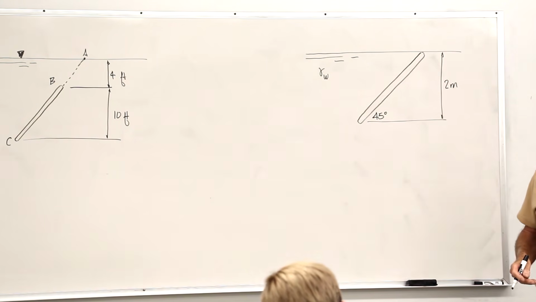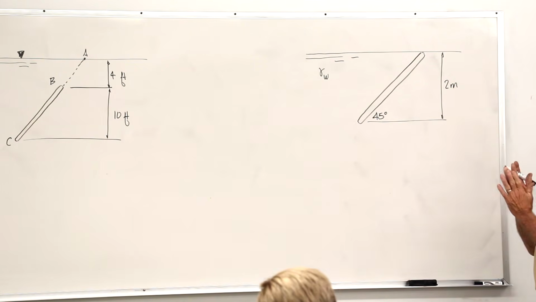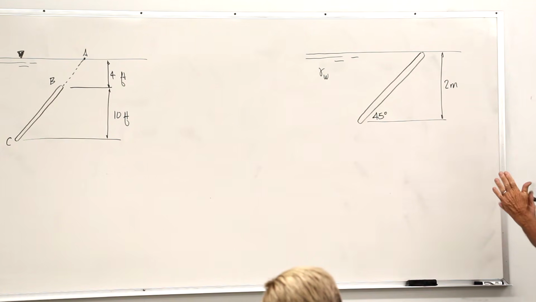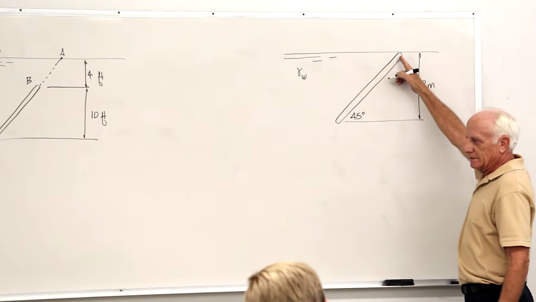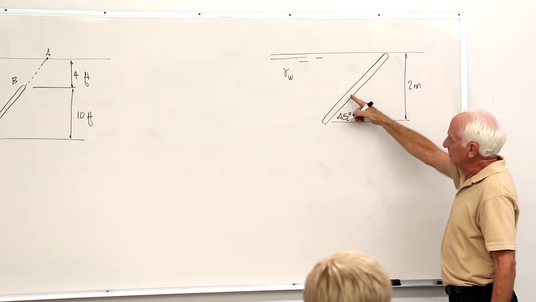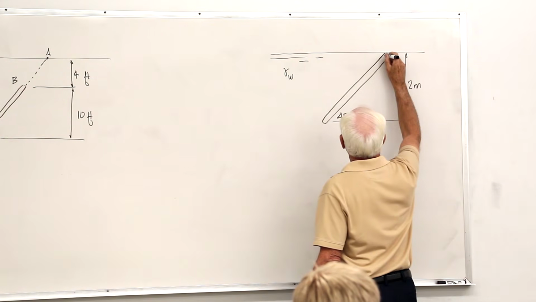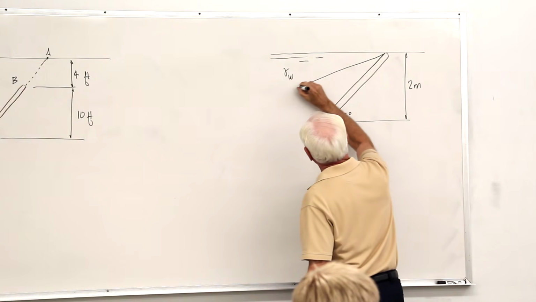We talked about the pressure prism, and I'll remind you we had a pressure prism. It's a pressure diagram, and you show the pressure acting on the surface as you go down deeper into the water. The pressure goes up. The pressure prism looks something like this.